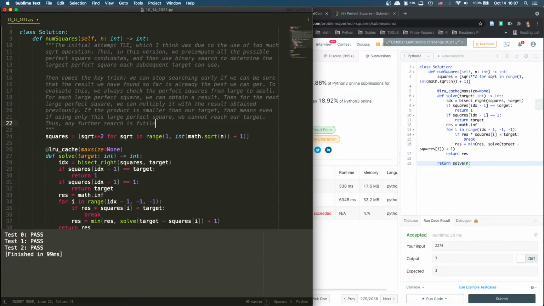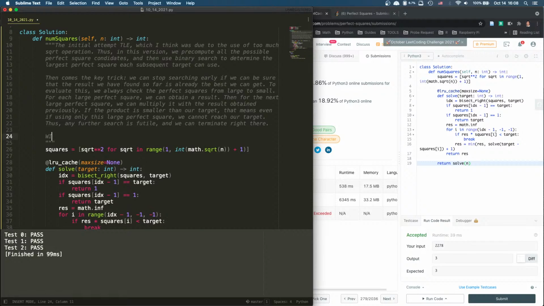Because we're already using the largest that we are allowed to use so far, and we multiply it with the result from previously. If we still cannot reach our target, then if we use even smaller ones, we cannot reach it for sure. So any further search is futile, and we can terminate.